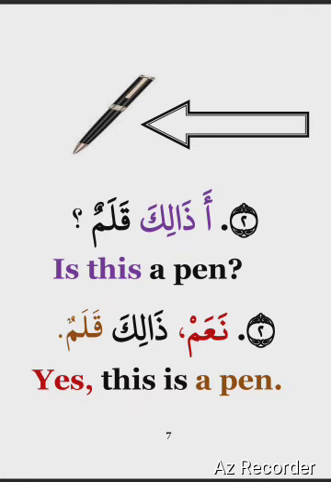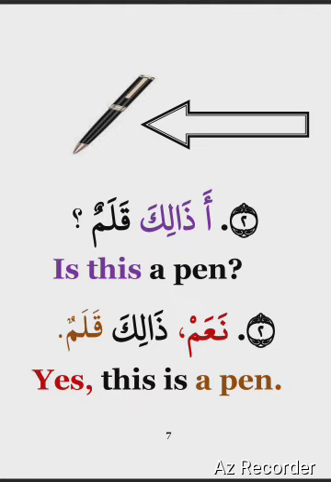Arabic? لا, no in Arabic is لا. So how do you say yes? نعم, yes. How do you say this in Arabic? هذا, this. هذا كتاب, this is a book. How do you say that in Arabic? ذلك, that. ذلك قلم, that is a pen.